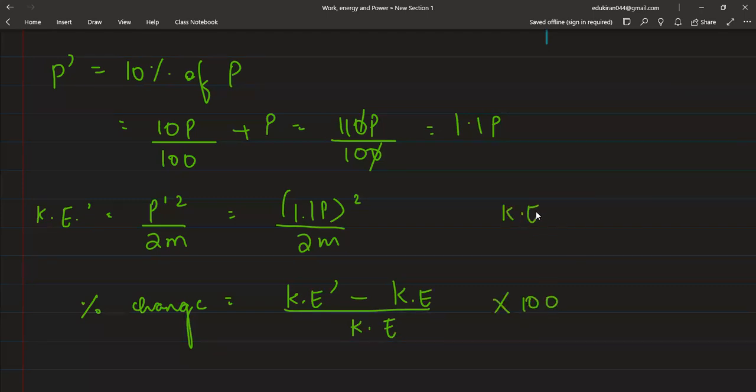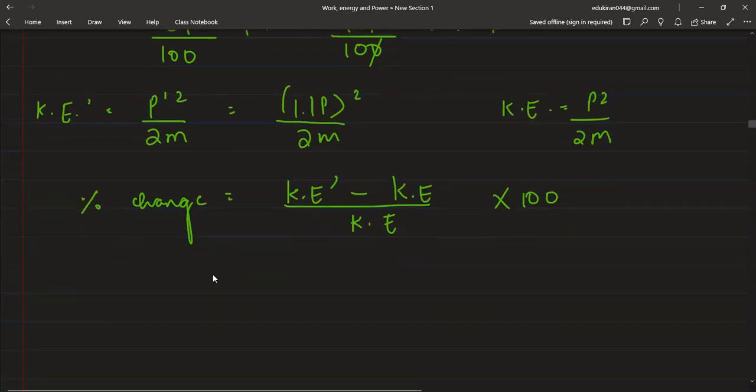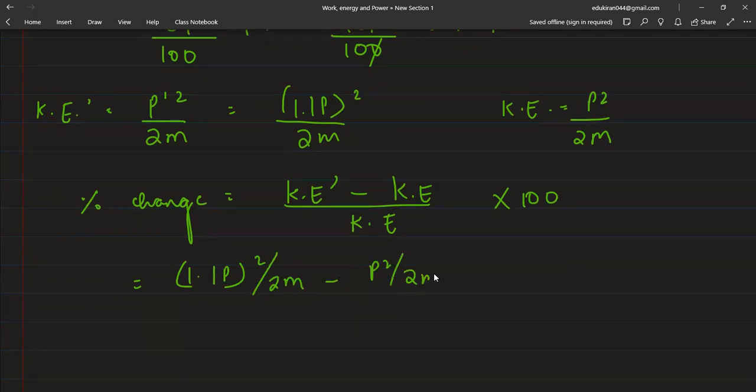So actual kinetic energy was P square by 2m. Final is 1.1 P whole square by 2m minus P square by 2m, divided by P square by 2m into 100.